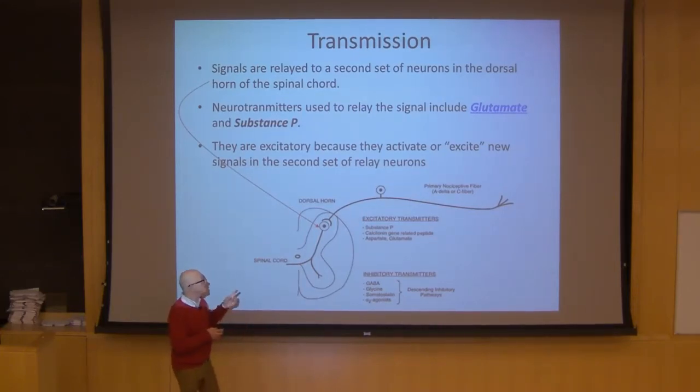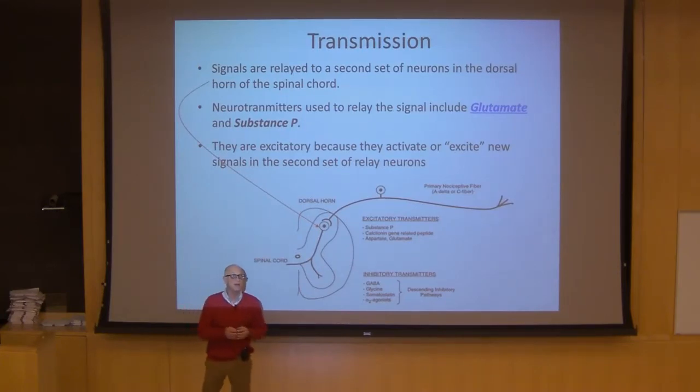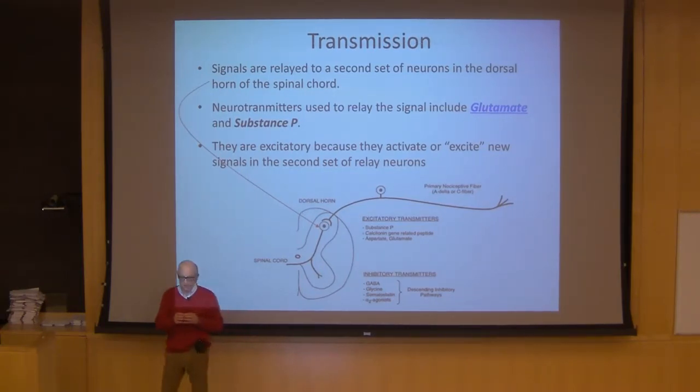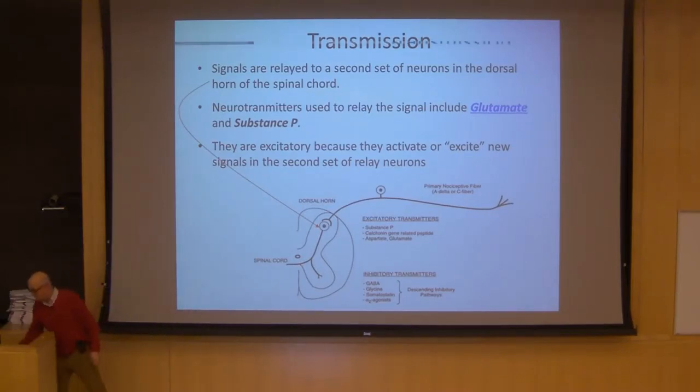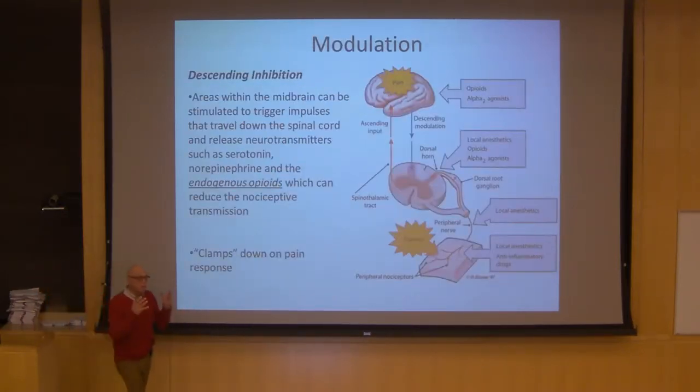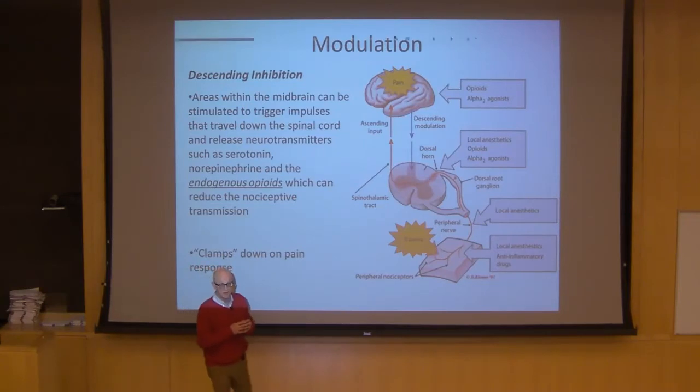One is glutamate, and the other is substance P. And remember, there was a test question about substance P, and it's a peptide that's released as a neurotransmitter. Okay, so the modulation is a critical event.